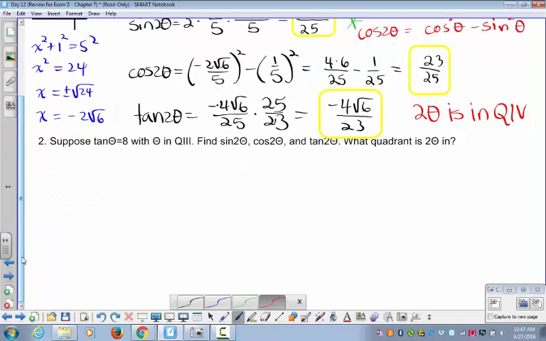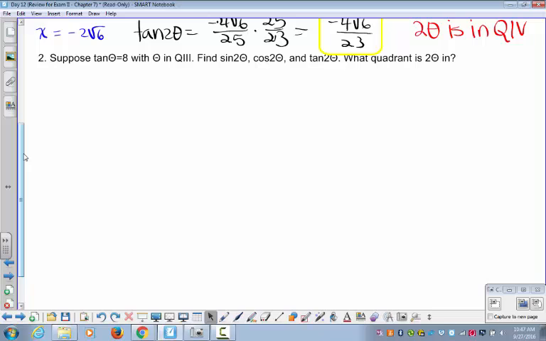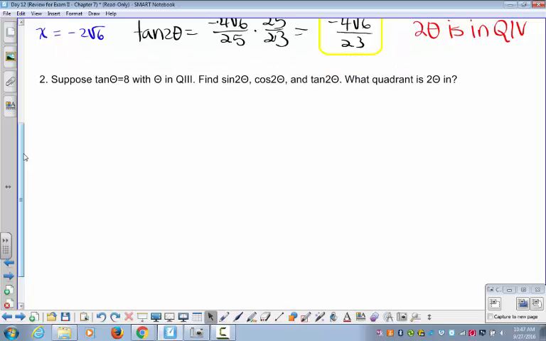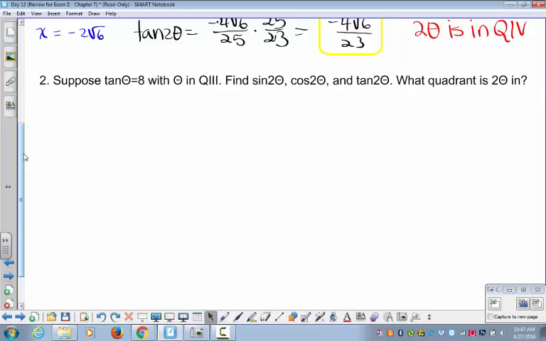All right, you guys try this one. Same idea, slightly different supposition. Same basic procedure.